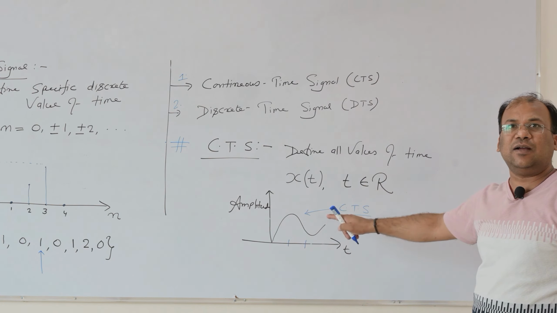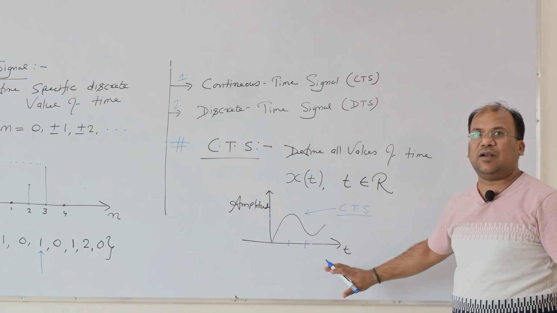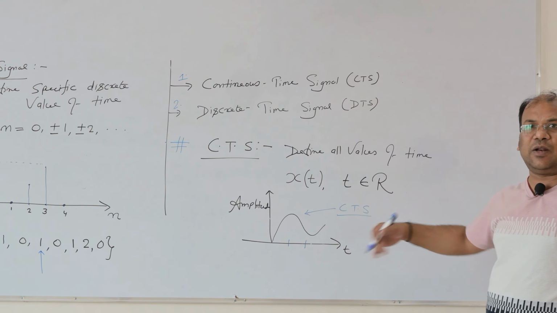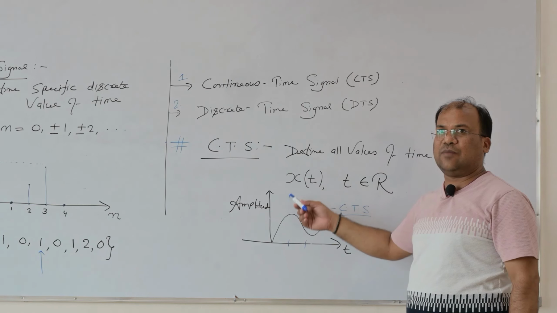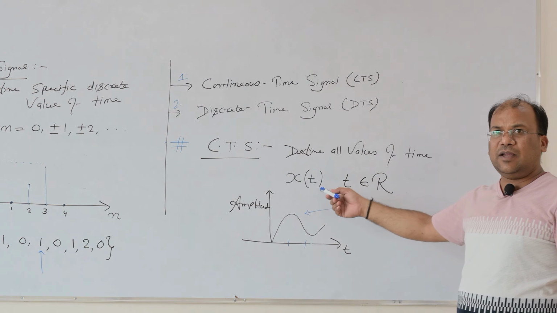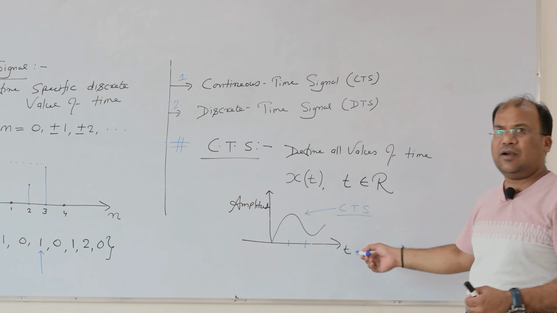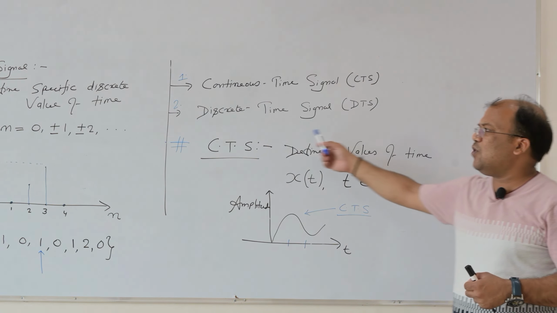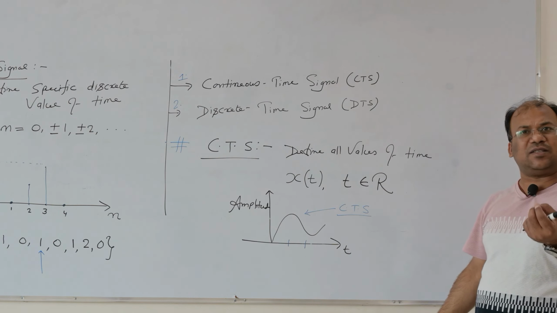So this is called a continuous time signal, and mathematically we can represent it as S of t, where t is your independent variable. Here we are considering a one-dimensional signal.